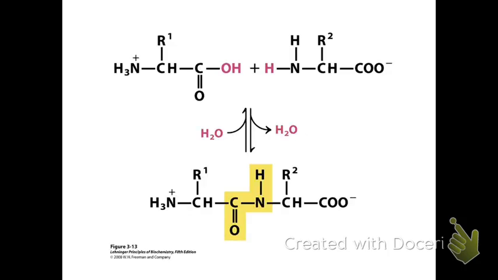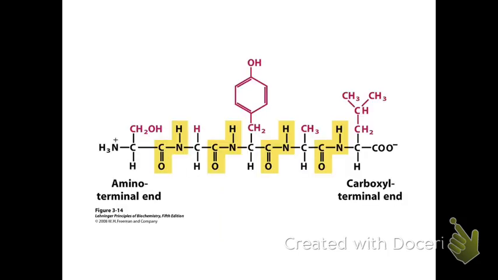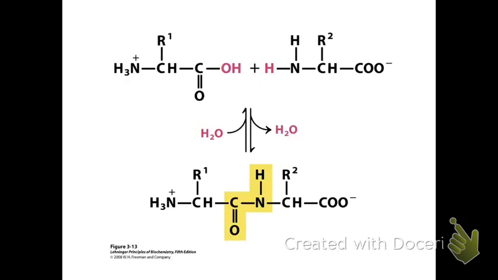Okay, now this diagram here shows that very deal, where we're going to again take our OH and our H, and we're going to move them and put them together to create H2O.